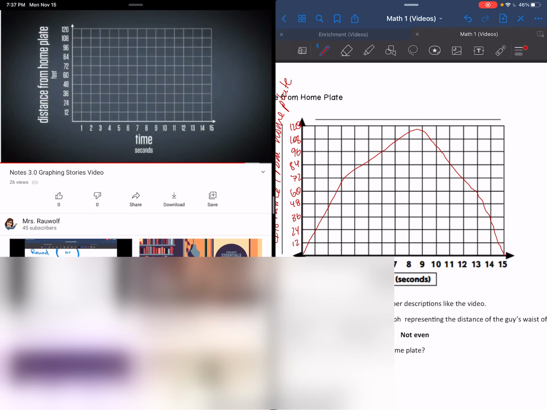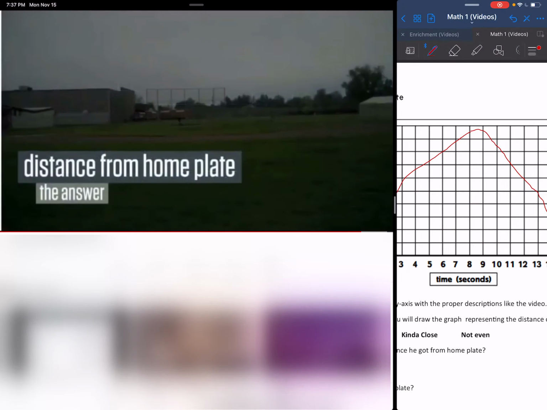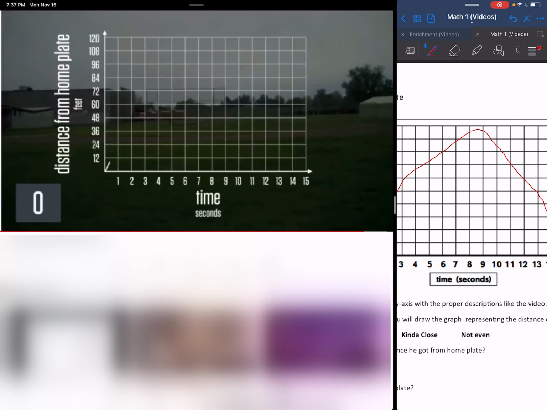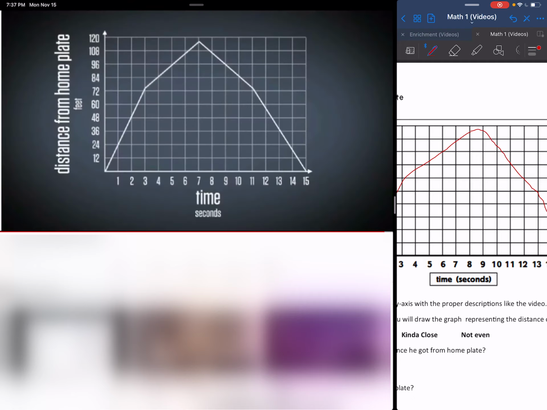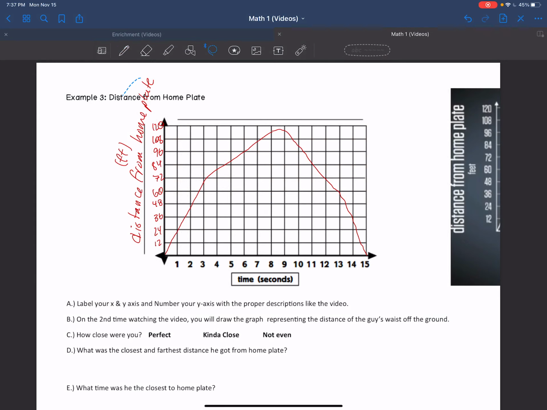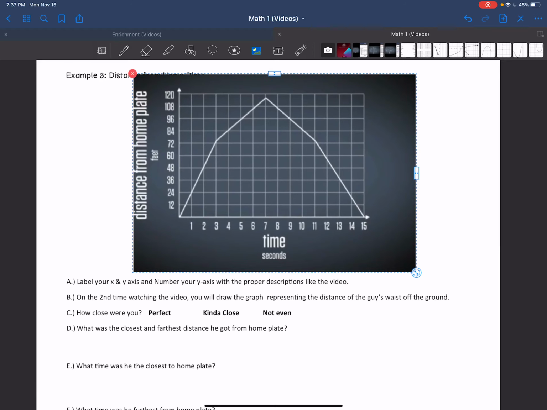So here's my graph. As you can see, it's not great, but let's look at what the actual answer is. Okay, so that's the actual graph, so let's use that. All right, so I'll bring that image on over for us, and here it is.